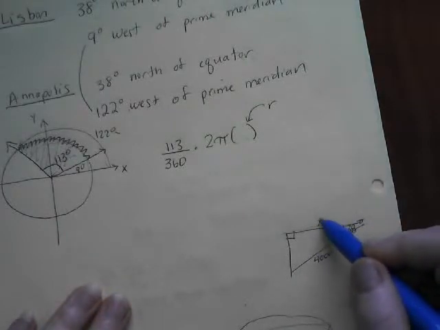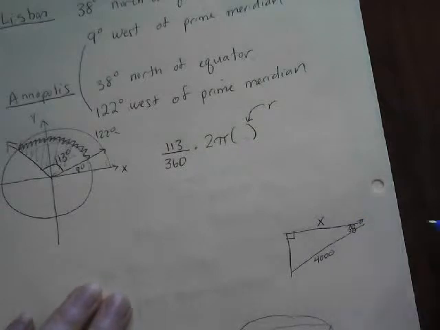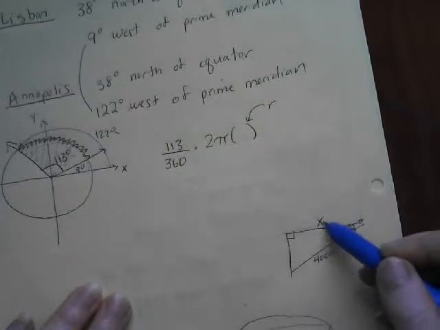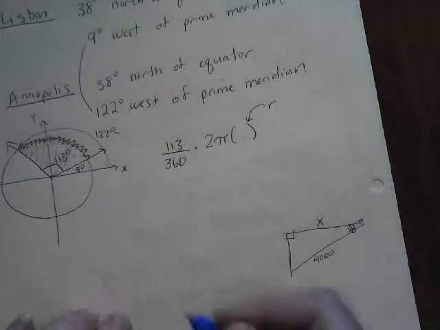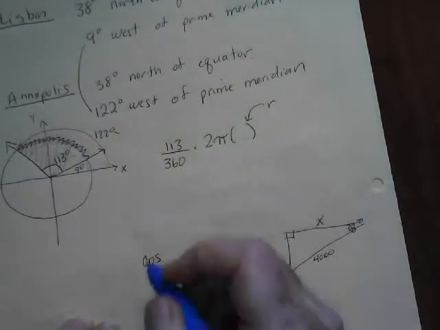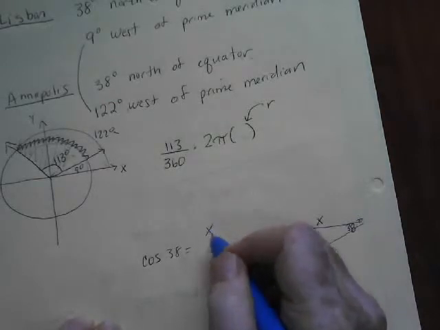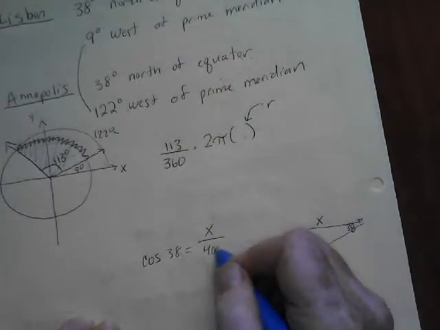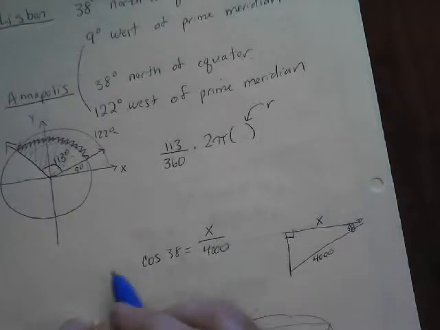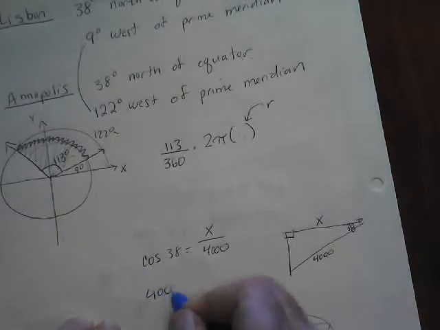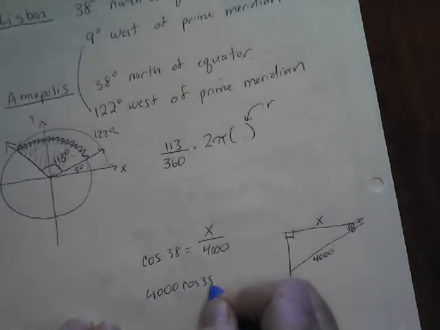So which SOHCAHTOA? I'm going to use SOHCAHTOA on it. I've got an angle, I've got adjacent and hypotenuse. So that's cosine. So I can say cosine of 38 equals adjacent over hypotenuse. Now I can go cross products, which gives me 4,000 times cosine of 38 equals r.